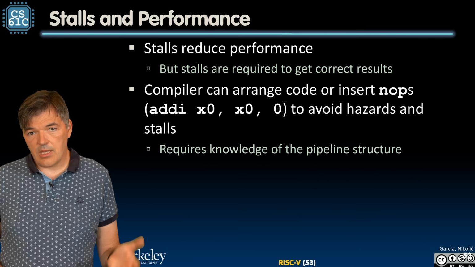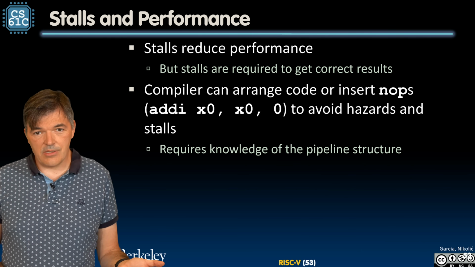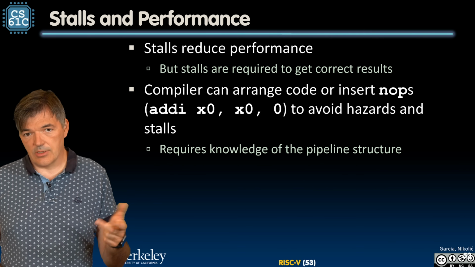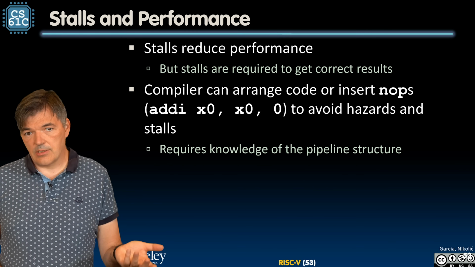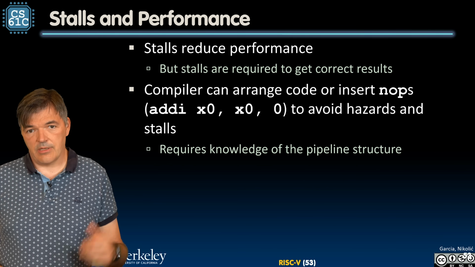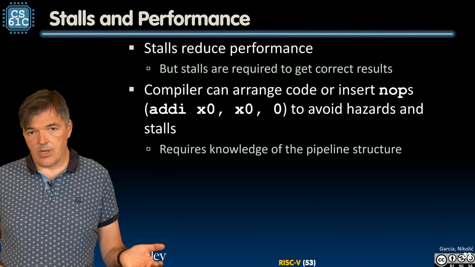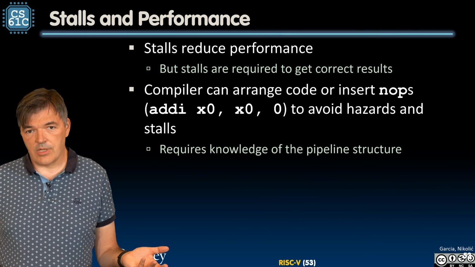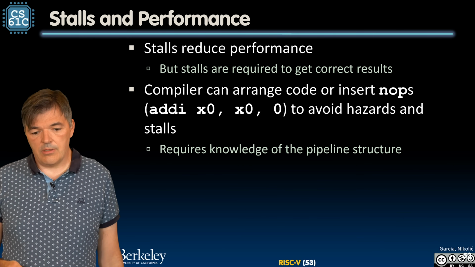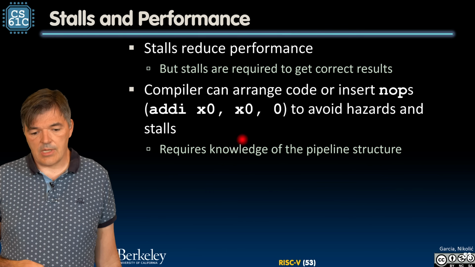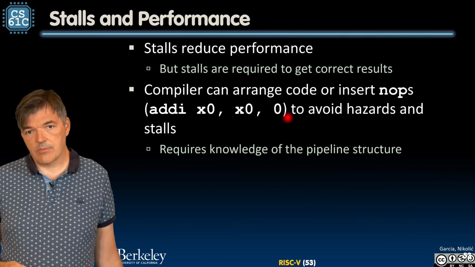But in case it can't find any instructions, we have to insert these nops, which will cause stalls, such that we can correctly align the register read with the register write. This nop is anything that writes into the X0. By convention in RISC-V assembly, nop is add immediate X0, X0, 0.